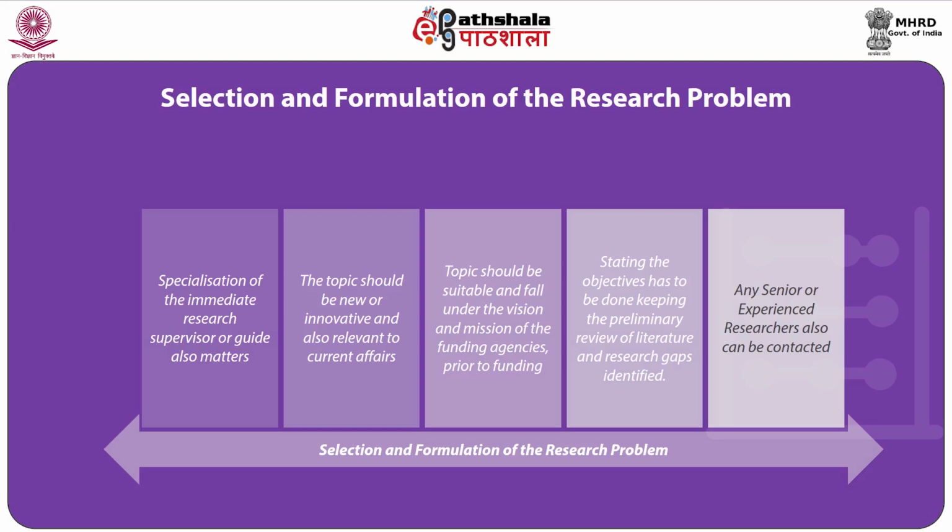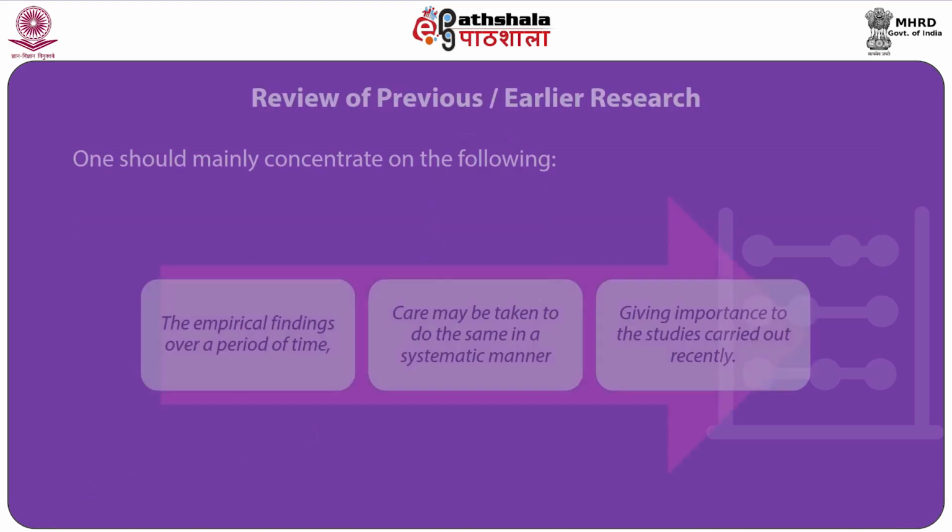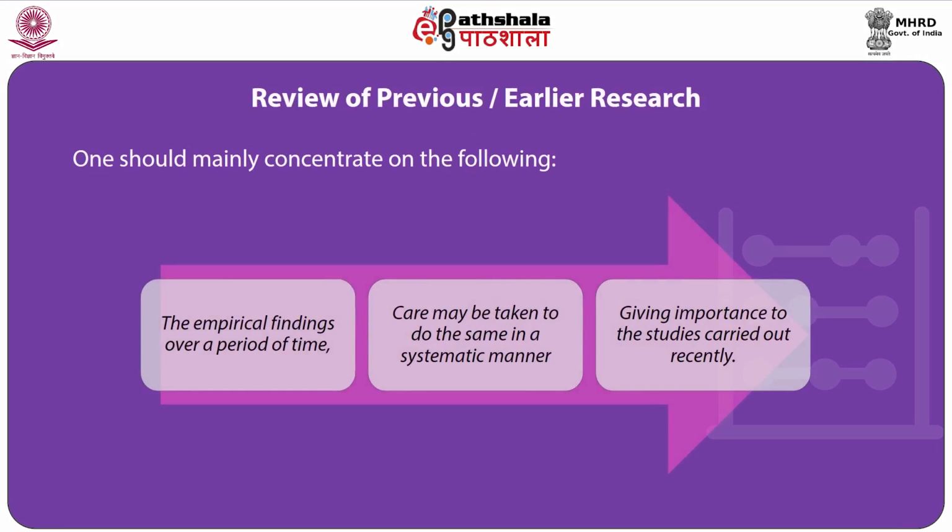The second step in the research process is review of previous or earlier research. After a preliminary review of literature, one should identify the major and minor topics that are part of the selected problem and then do an extensive review of literature pertaining to the same. This would be carefully planned based on the needed level and available resources at hand. While doing review of earlier literature, one should mainly concentrate on the empirical findings over a period of time.